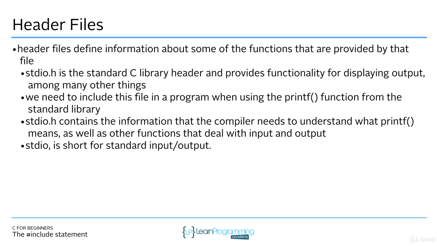Specifically, the functionality that we want to use in our first example program is this function called printf, which allows us to display output to the console. By including stdio.h in our source code, we're saying in order to compile and use this printf, we need to include this file.